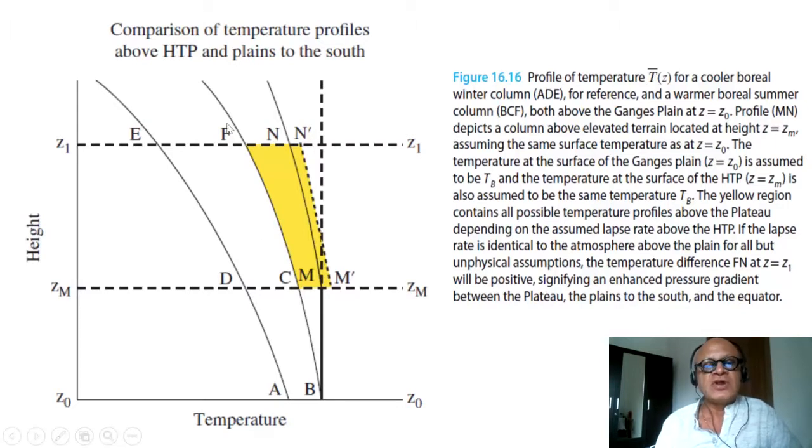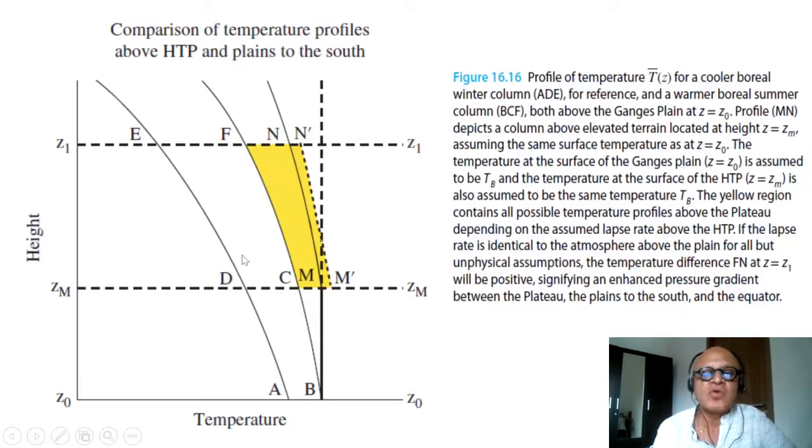So we start with an assumed radiative profile over the Ganges plain. That is shown by this BCF, and to the north of the Ganges plain, if you didn't have the heating, you would get a cooler boreal winter profile like ADE.